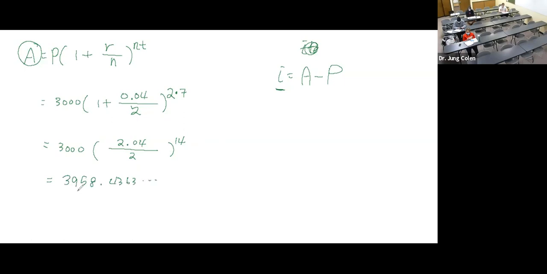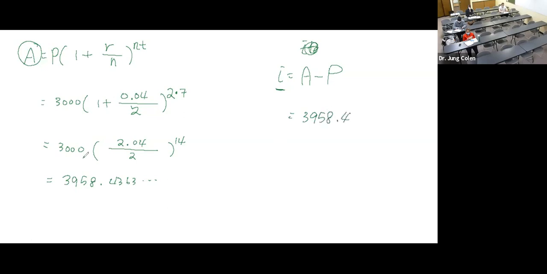You will get 3,958.4363. Everybody got the same number? Okay, so that is the total amount you will get after 7 years. But you invested actually $3,000. So what is the interest then? The difference between those two, right?